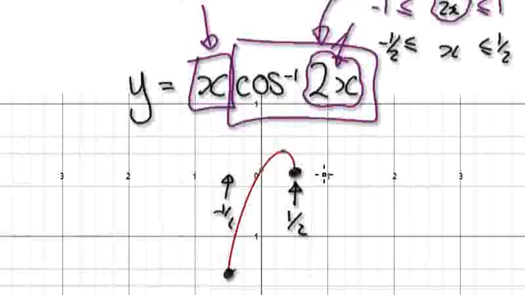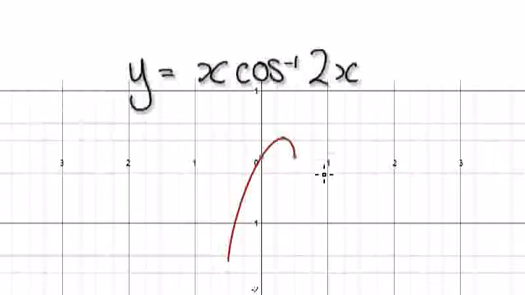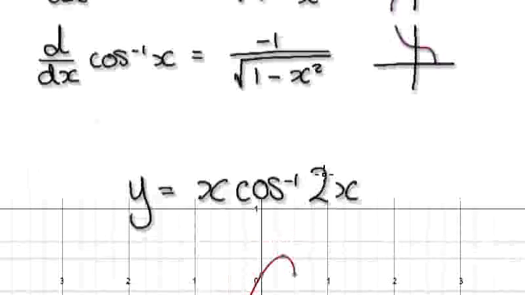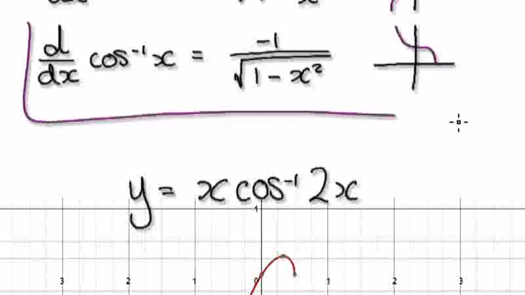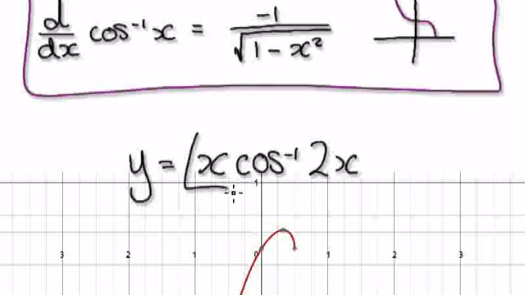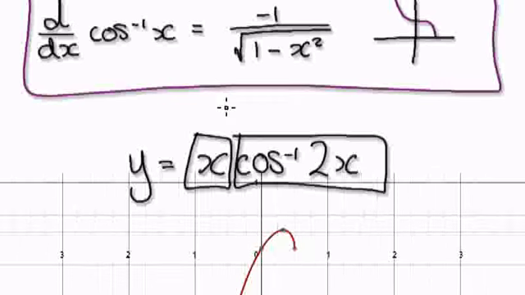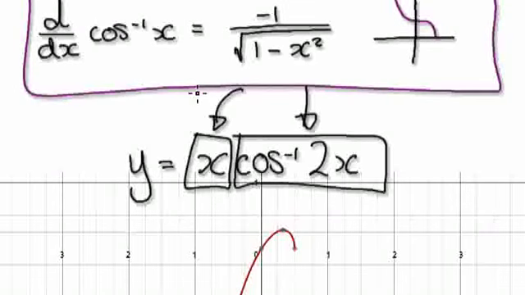Well, anyway, find dy by dx of this here. So you will need to use this bit here, and you need to combine it with the product rule, because at the moment you've got this times this block here. So remember the product rule: differentiate this, leave this the same, and then leave this the same, differentiate this here.